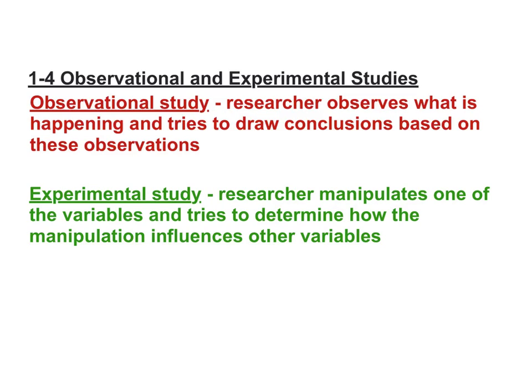Then, of course, there are experiments. An experimental study. The researcher is going to manipulate one of the variables and try to determine how the manipulation influences the other variables. Now, I know that's very vague. And in your science classes, in the labs that you've participated in over the years, you have done these things.